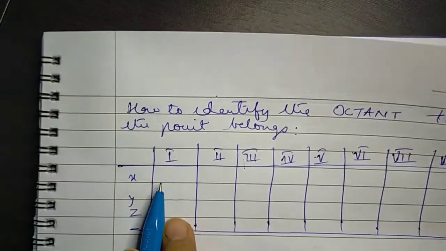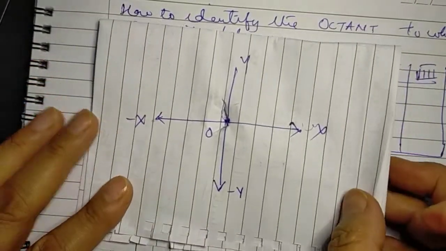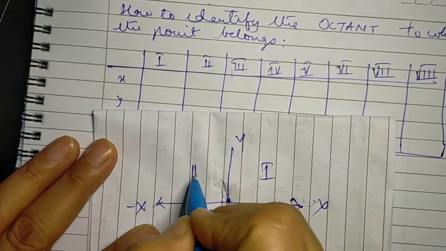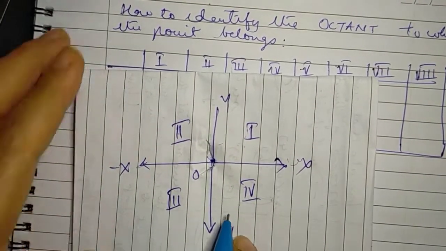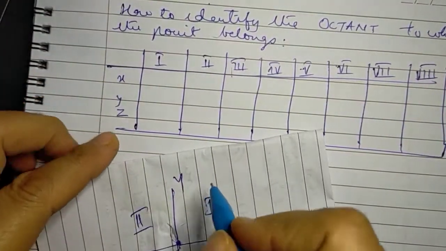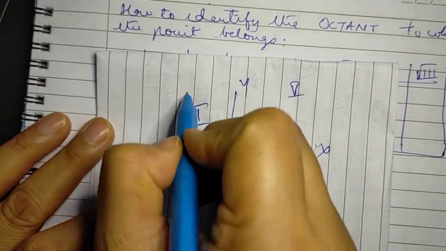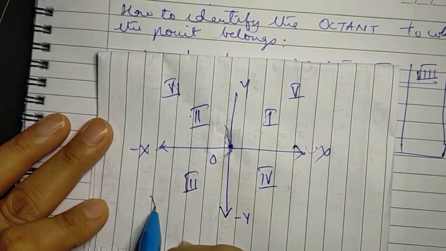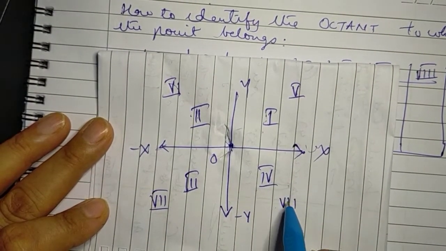Now again let's see this figure. This is the x axis, this is the first quadrant, this is the second, this is the third and this is the fourth quadrant. Behind the first quadrant we have the fifth, behind the second we have the sixth, behind the third we have the seventh and behind the fourth we have the eighth.